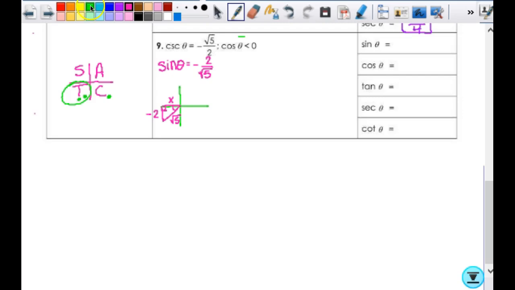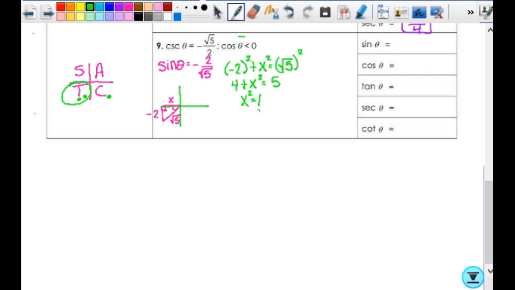So now I will do my Pythagorean theorem. I get negative 2 squared plus x squared equals the square root of 5 squared. So negative 2 squared is 4 plus x squared. Square root of 5 squared is 5. So x squared equals 1.